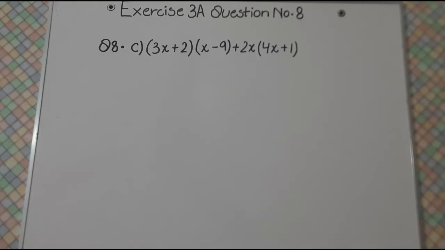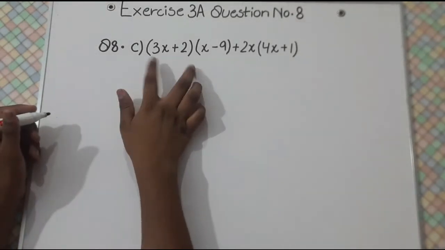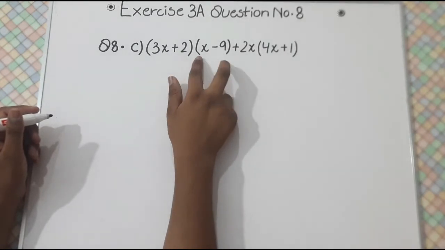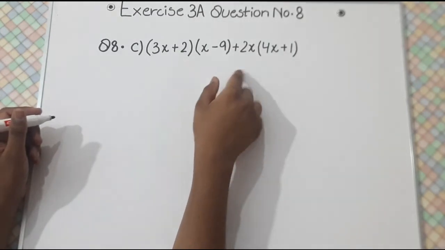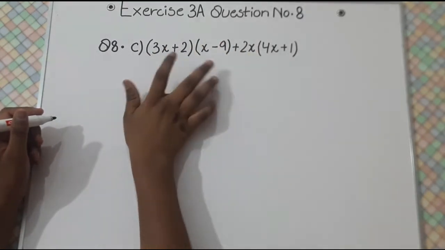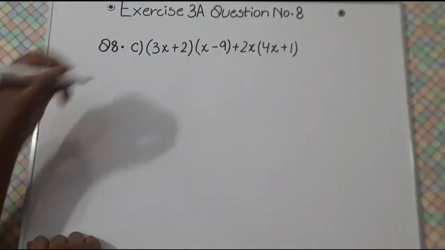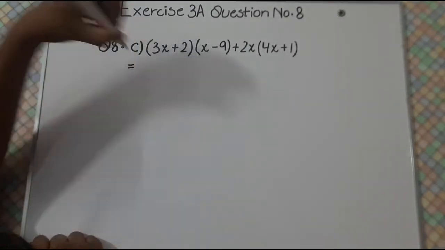So this is part C of this question, which says 3x plus 2 in brackets, x minus 9 in brackets, plus 2x and 4x plus 1 in brackets. So over here we are going to expand this and then multiply 2x with this bracket. So let's quickly expand. It's very easy.